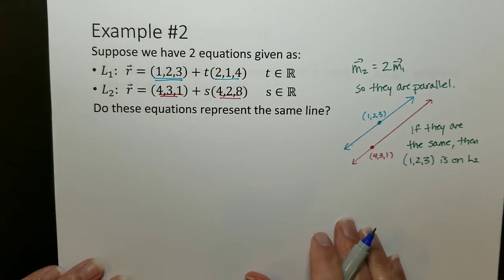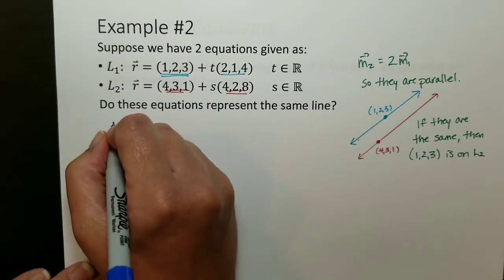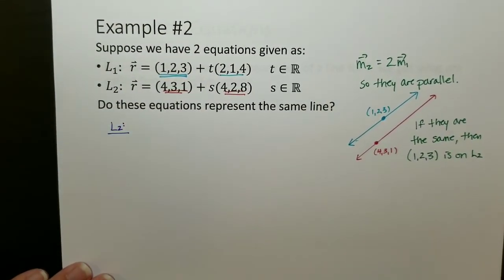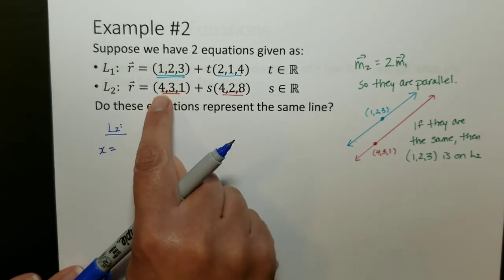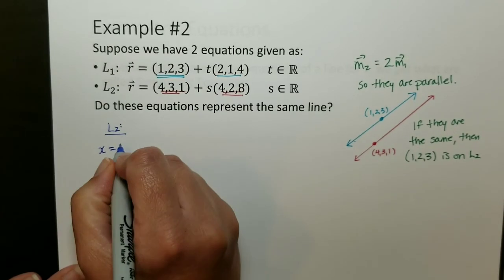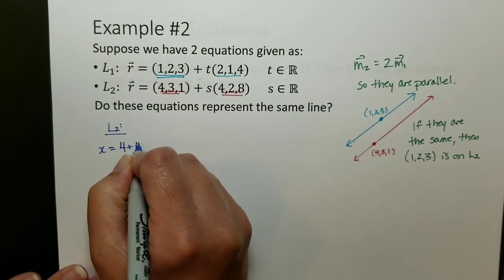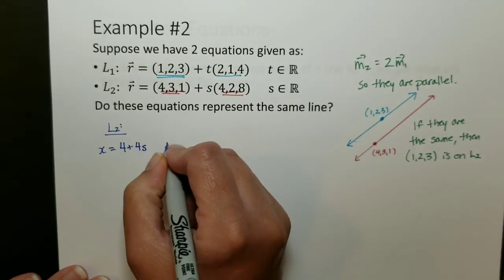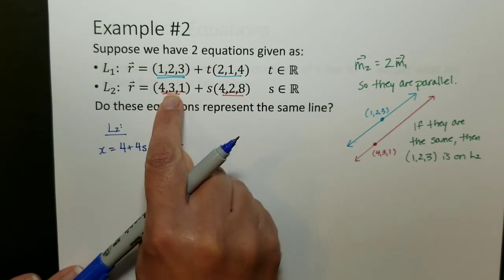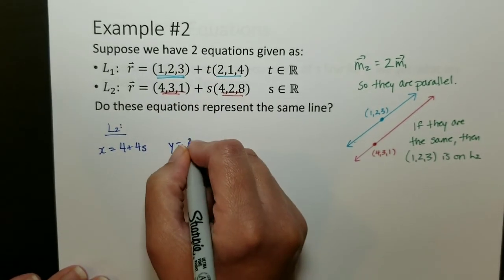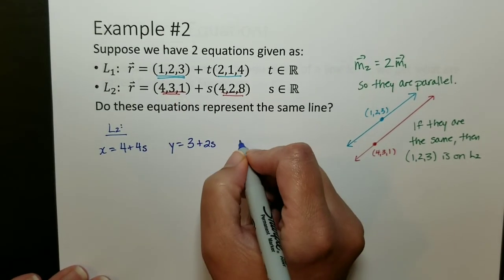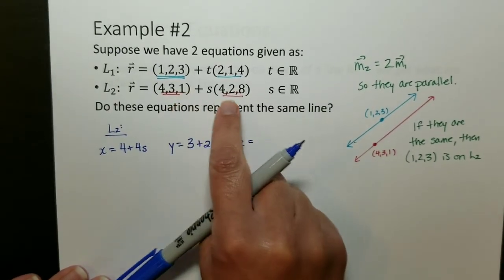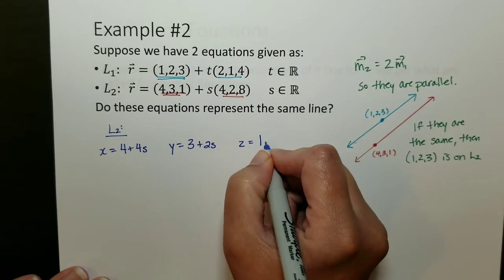So that's what I'm going to do here. I'm going to take L2 and create parametric equations. So x equals 4 plus 4s, and y equals 3 plus 2s, and z equals 1 plus 8s.